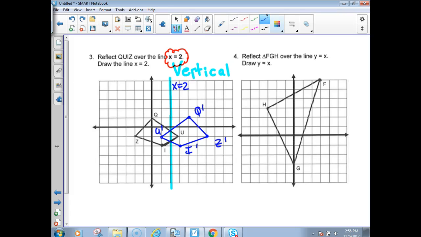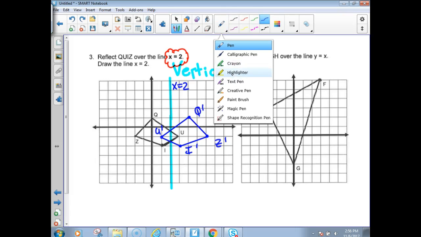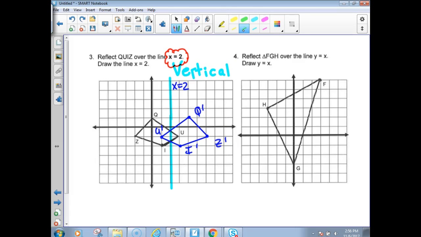Okay, now I've taught you or talked to you before about the next one. The line y equals x. The line y equals x has points on it like, good, you remember, Bryce, 1, 1, 0, 0, 2, 2, 3, 3, 4, 4, 5, 5, 6, 6, and then going the other way, -1, -1, -2, -2.